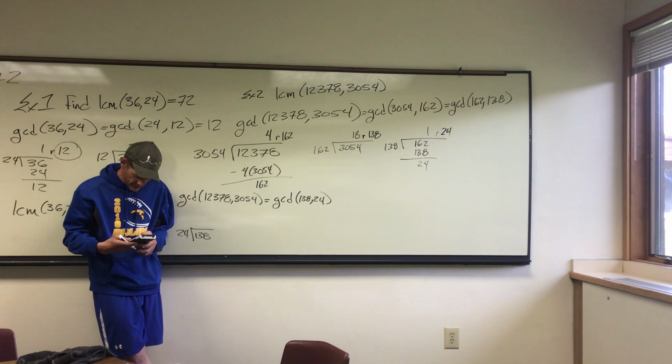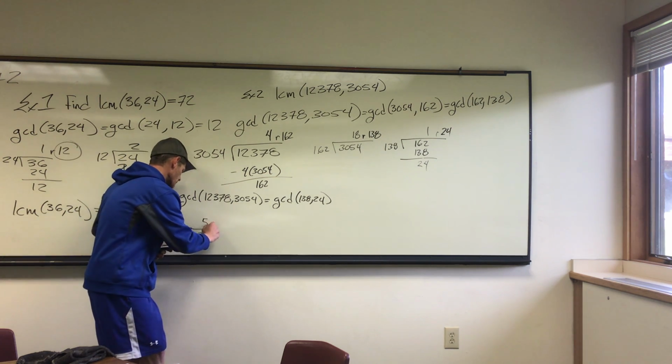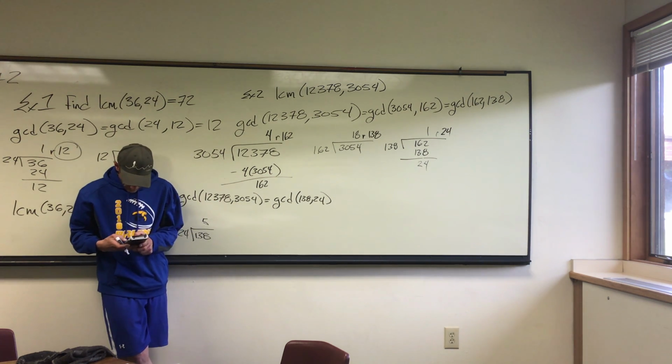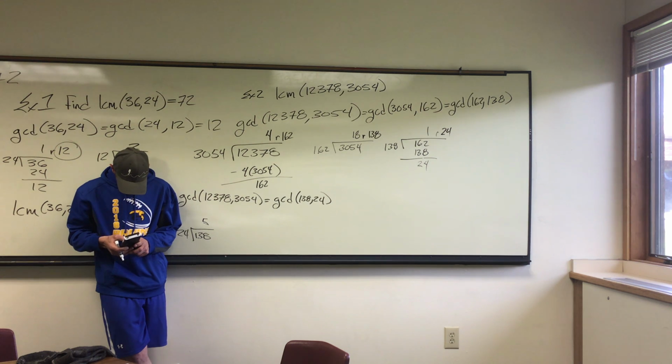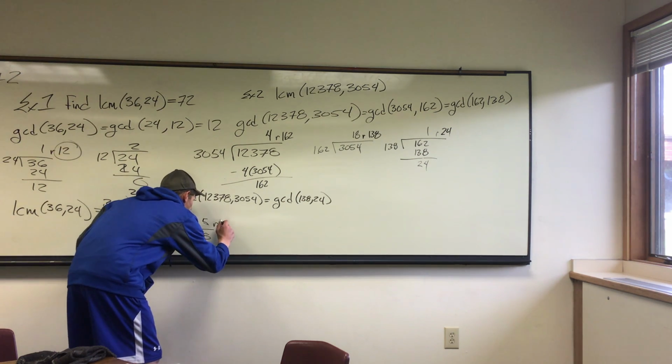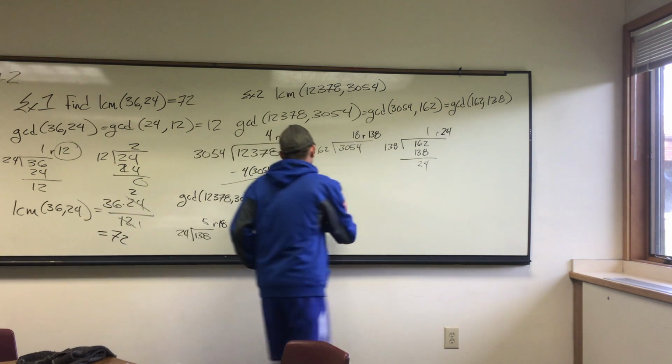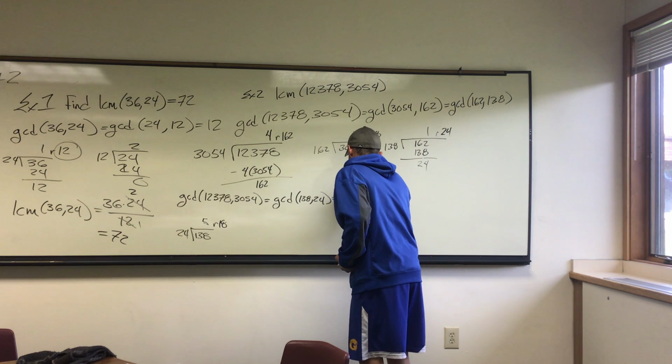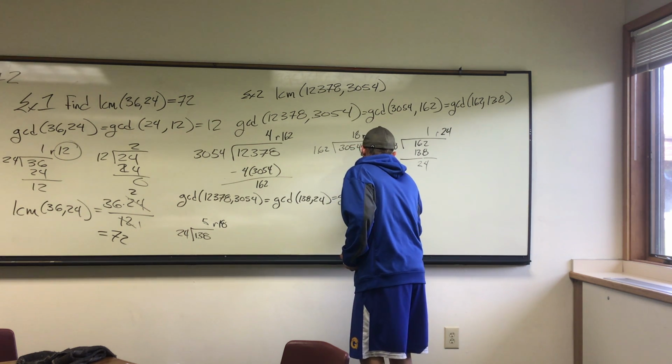So it goes in 5 times, and there's some left over. So I'm going to subtract 5 24s from 138. And I get 18. Now we're getting somewhere, huh? Okay? So I can go to the greatest common divisor of 24, 18.